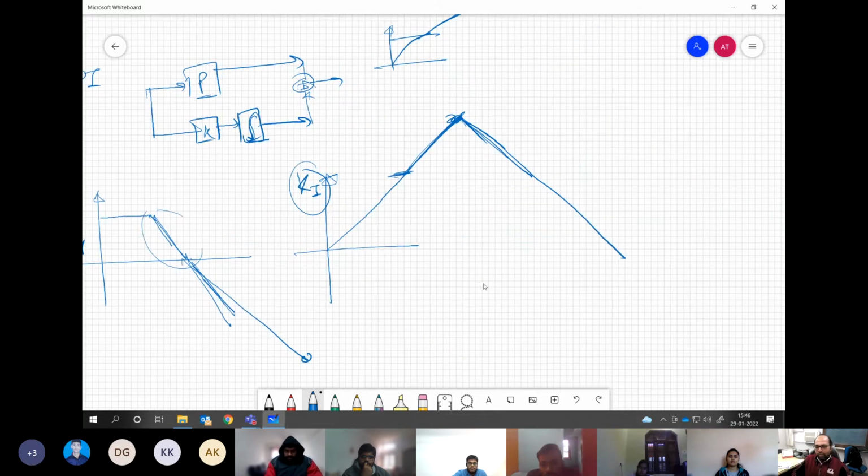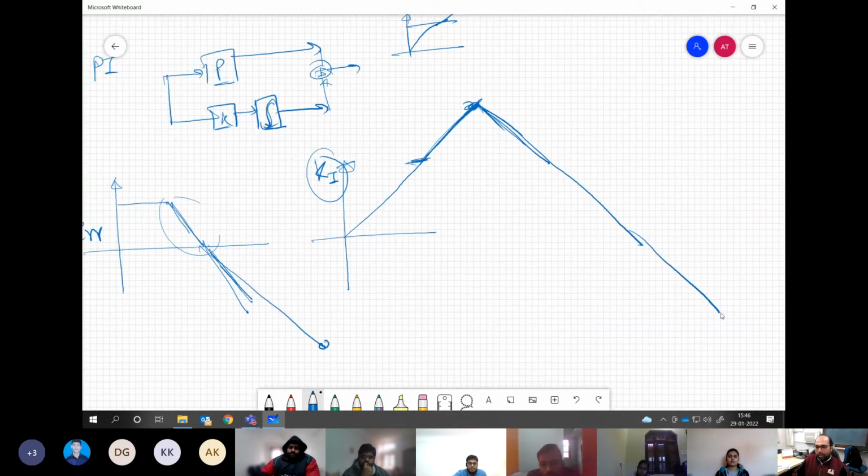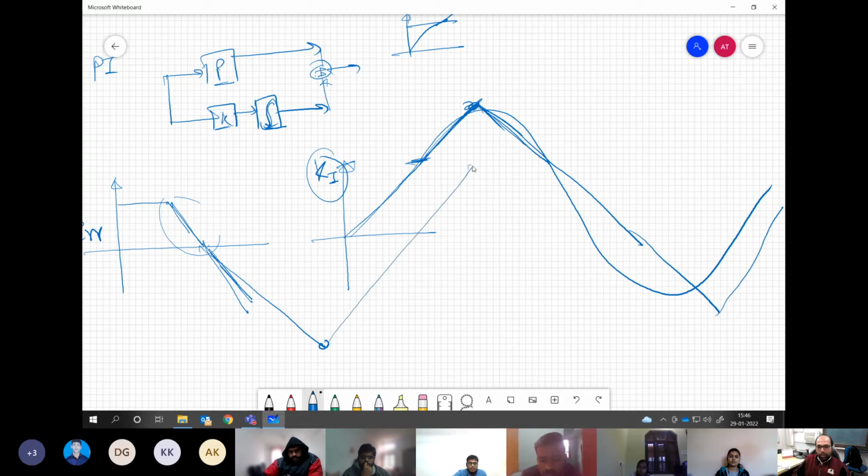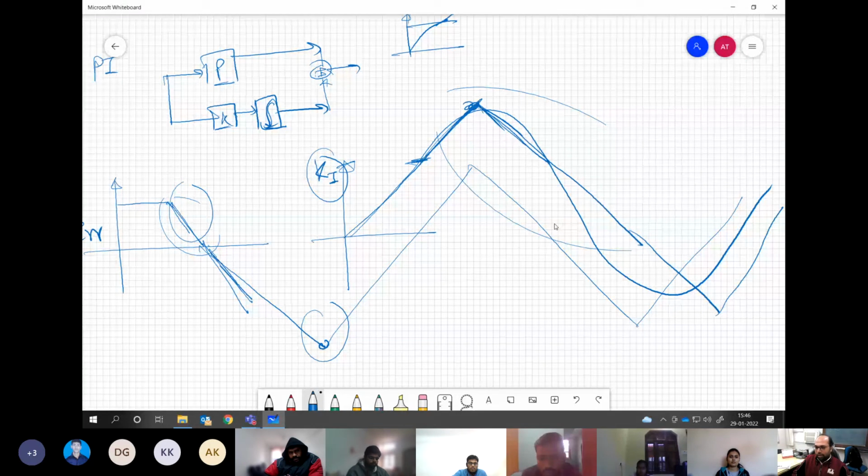Your integrator will go to a very large negative value and then it will start coming back. It may not be such a sharp thing, it may be a smooth kind of output. And so your output will never settle. It will always be either positive or negative error. This will continue, because your integrator is not responding instantaneously. It is responding only on the basis of previous values.